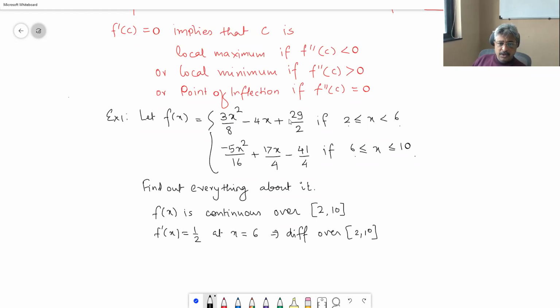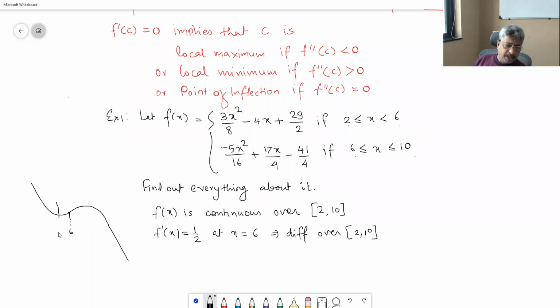Now, this has a positive leading coefficient, so it is something like this. And then from here, the second curve takes over. It becomes like this. This is, I think, 0.6.